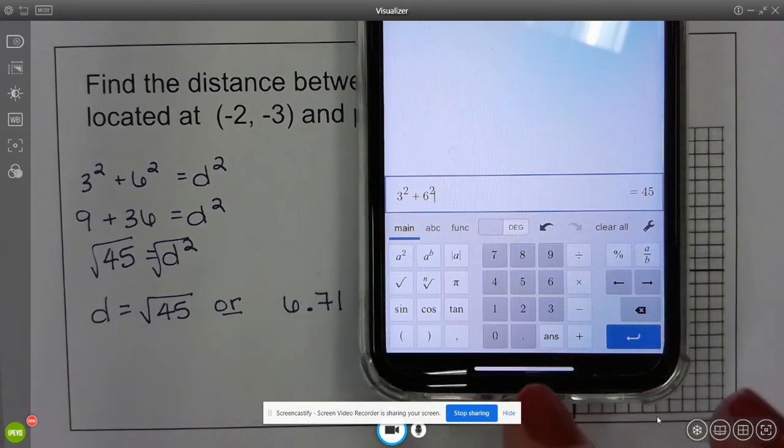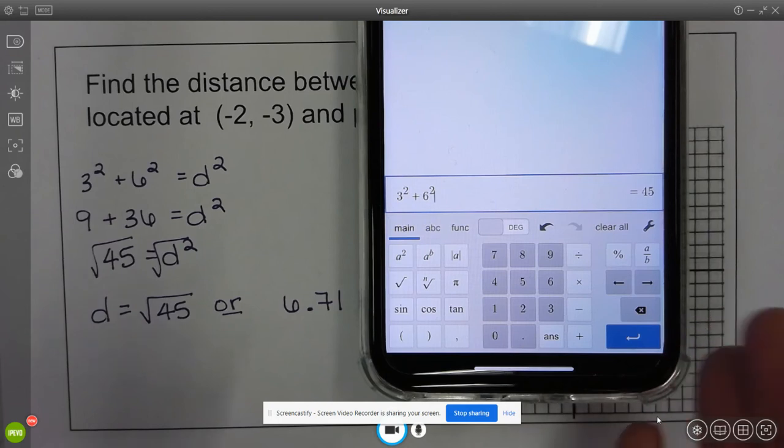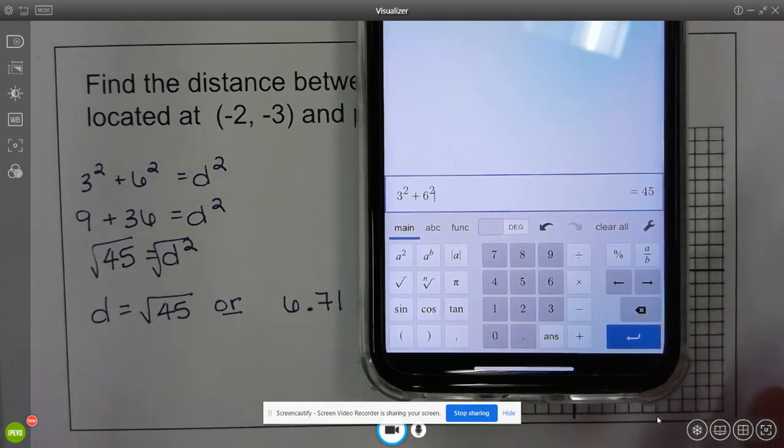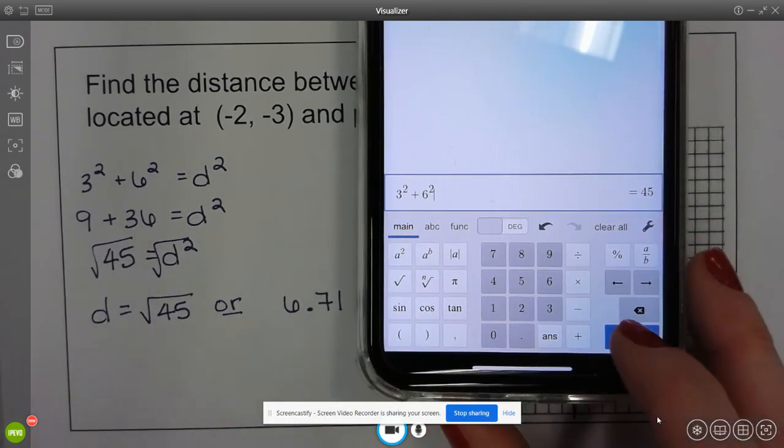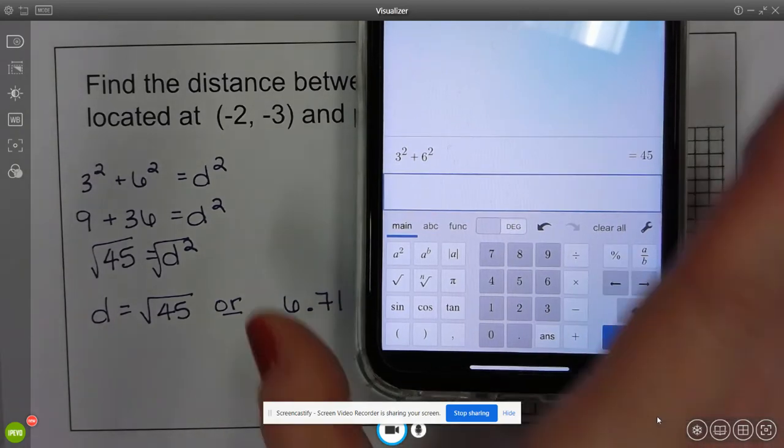You don't have this option in the calculator app that's just on your phone. So personally, I always use the Desmos app just because it's more user-friendly and I have more functions available to me. So after I did that, then I could type in the square root of 45 and still get my answer.